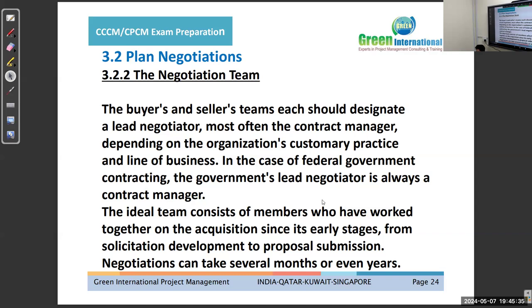Maybe the quality which they are offering, the client or the buyer does not want that, and they might be asking for some other range, or they might ask for higher quality, and the quality you are considering is not the requirement of the client. All of these details the lead negotiator must understand before sitting at the negotiation table.